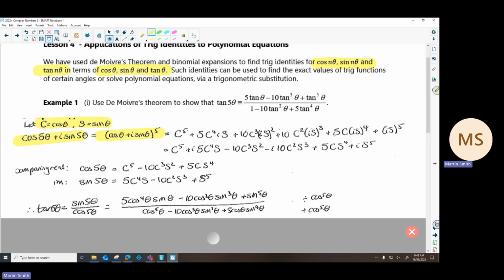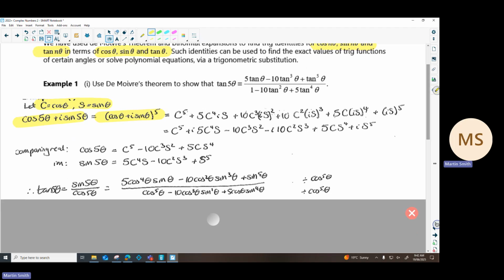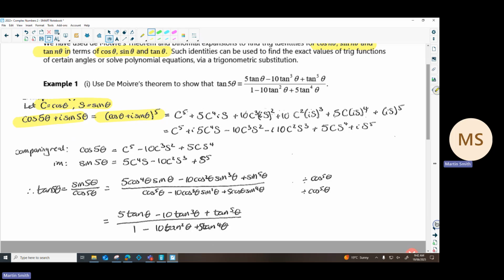If you divide the whole of the top and the whole of the bottom by cos to the power 5, and because this is a show that question, you've got to explain that you've done that or you're not going to get full credit, it simplifies to give you the required identity, and we are done.